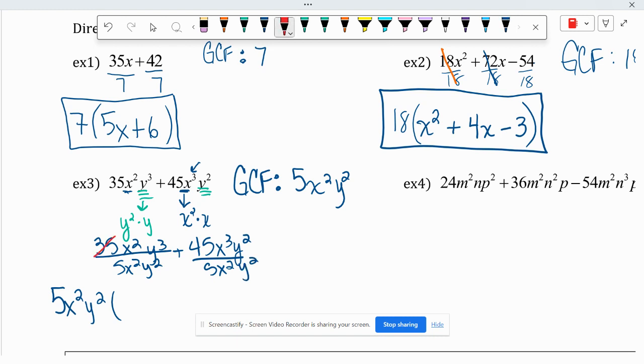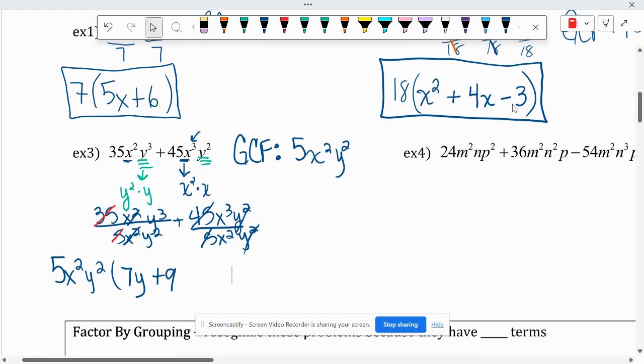let's see, 35 divided by 5 is 7. The x squareds cancel out. Think about your exponent rules. Y to the third divided by y squared leaves me with just y. 45 divided by 5 is 9. My y squareds cancel out. And what is x cubed divided by x squared?